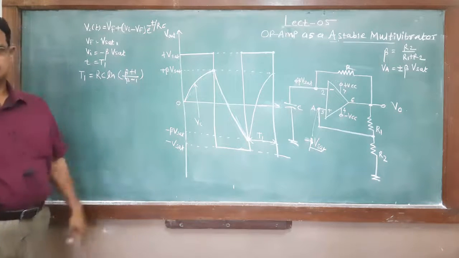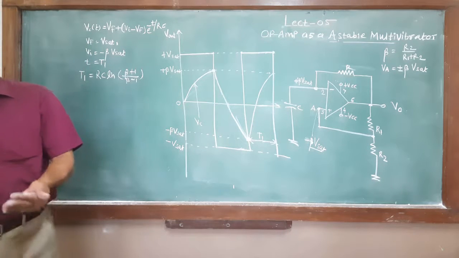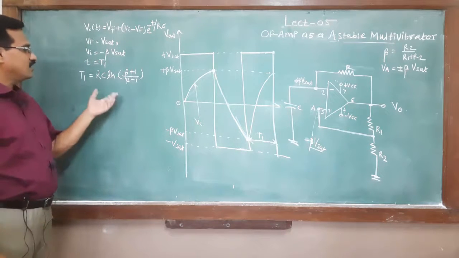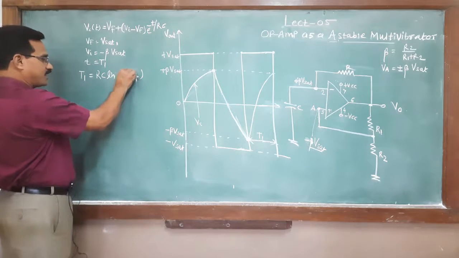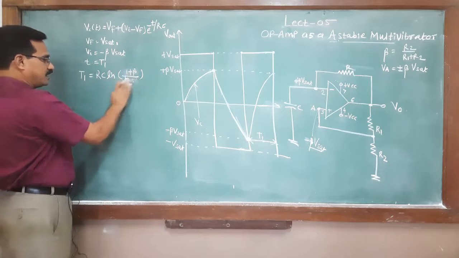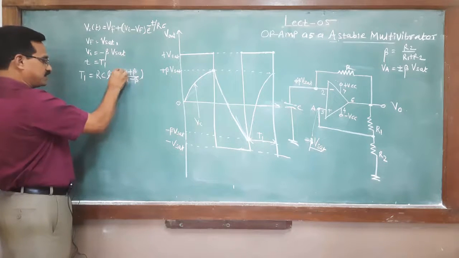This is the equation. That is, T1 is equal to RC log of 1 plus beta divided by 1 minus beta. You will get this equation.